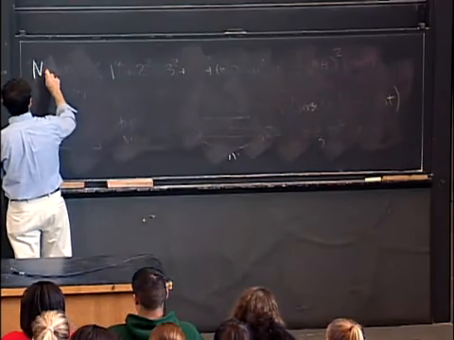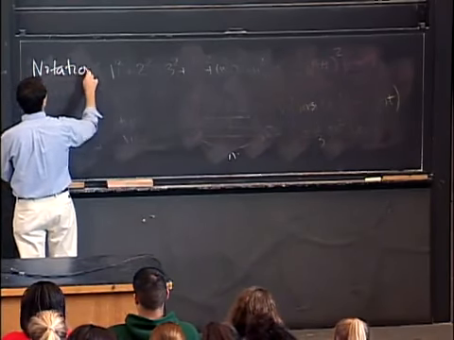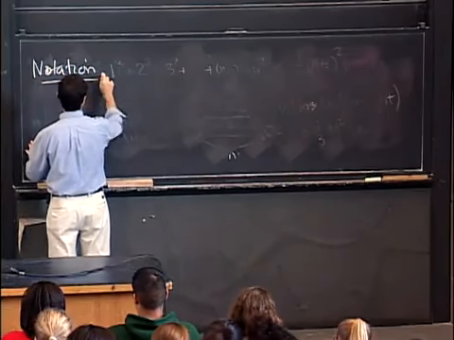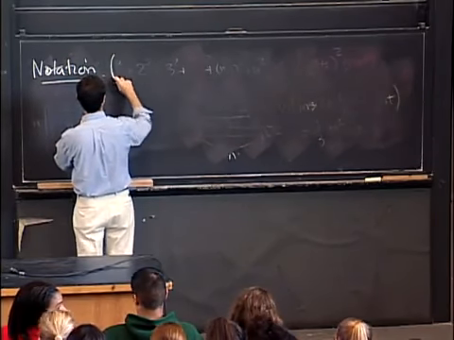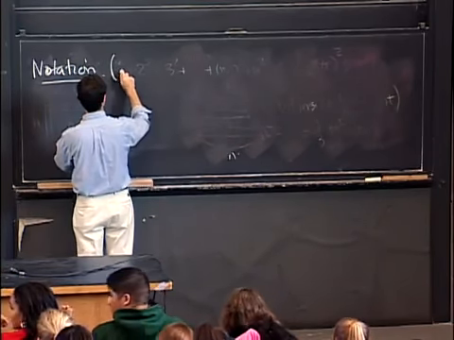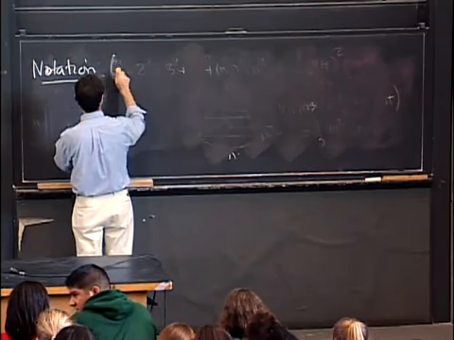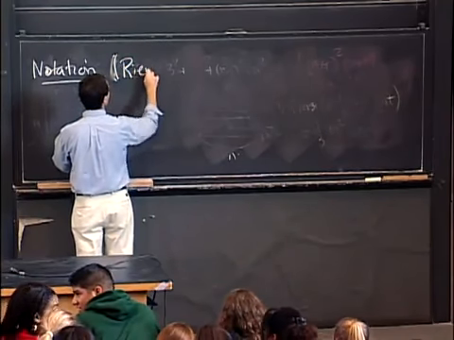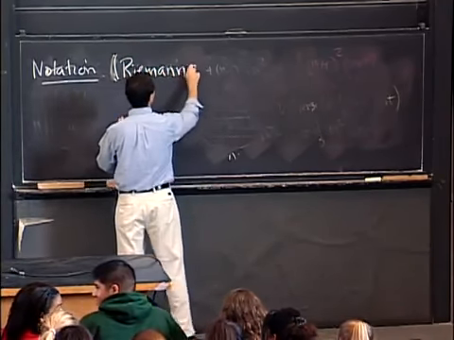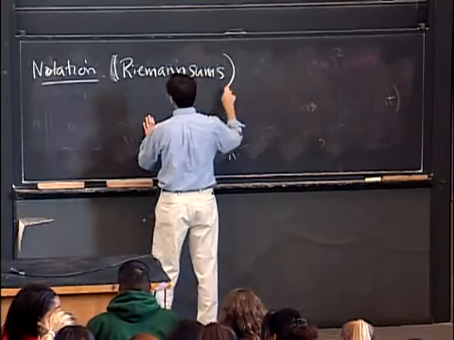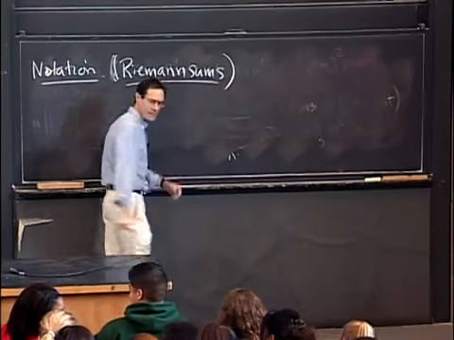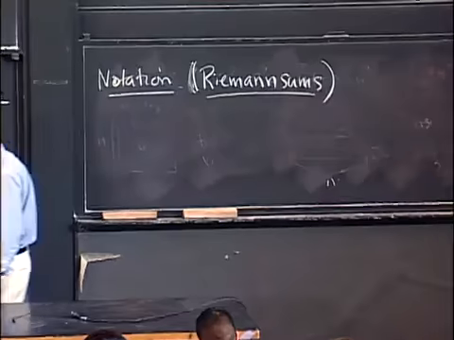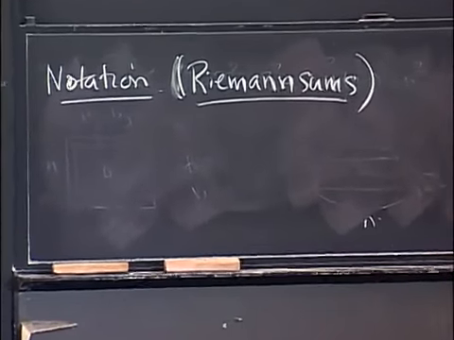So let me just add a little bit of notation for definite integrals. All right, and this goes under the name of Riemann sums. Named after a mathematician from the 1800s.